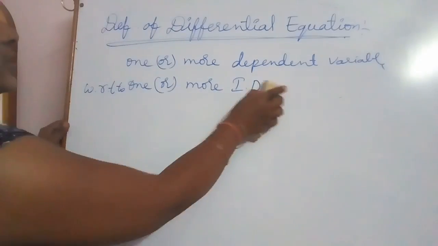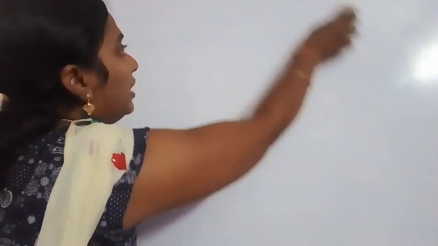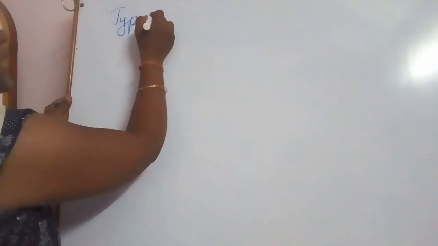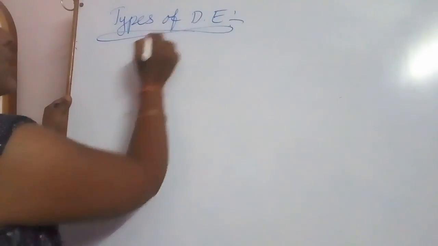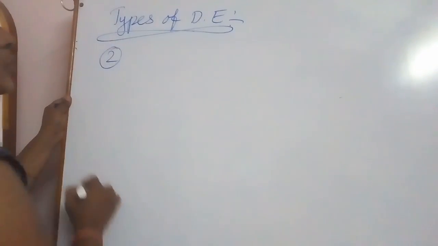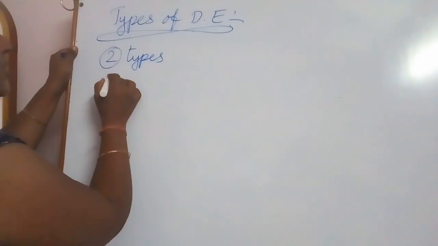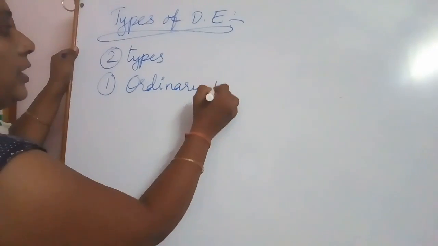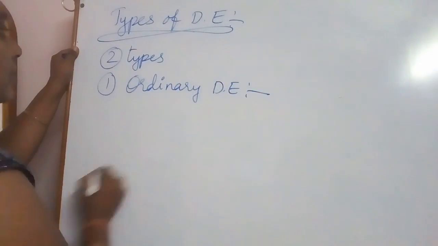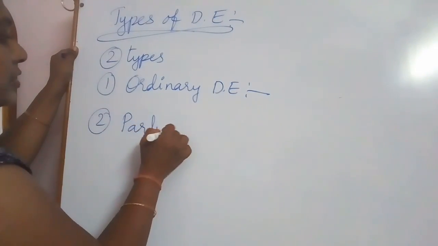Actually, how many types of differential equations are there? There are two types of differential equations. First one is ordinary differential equation. Second one is partial differential equation.